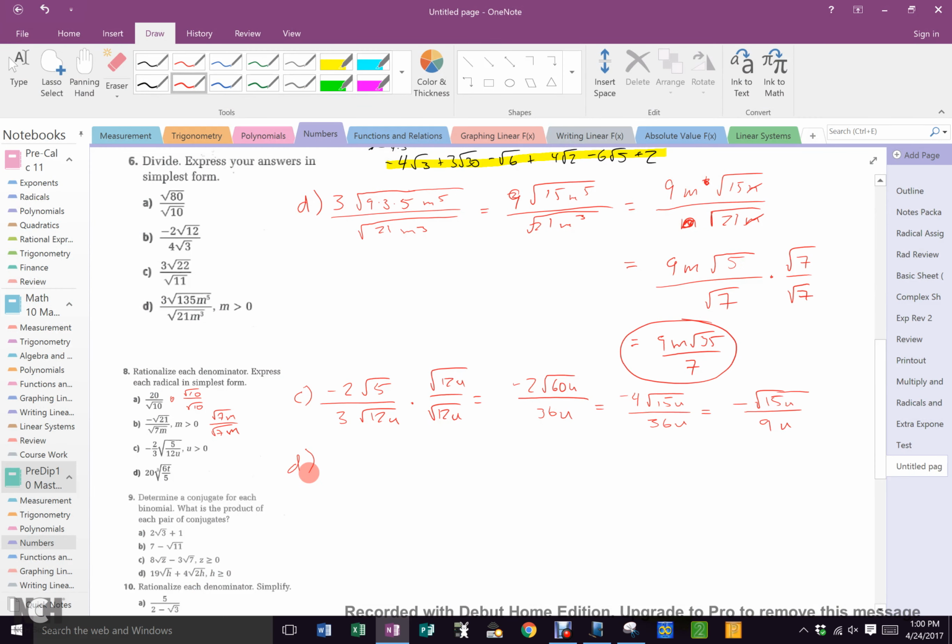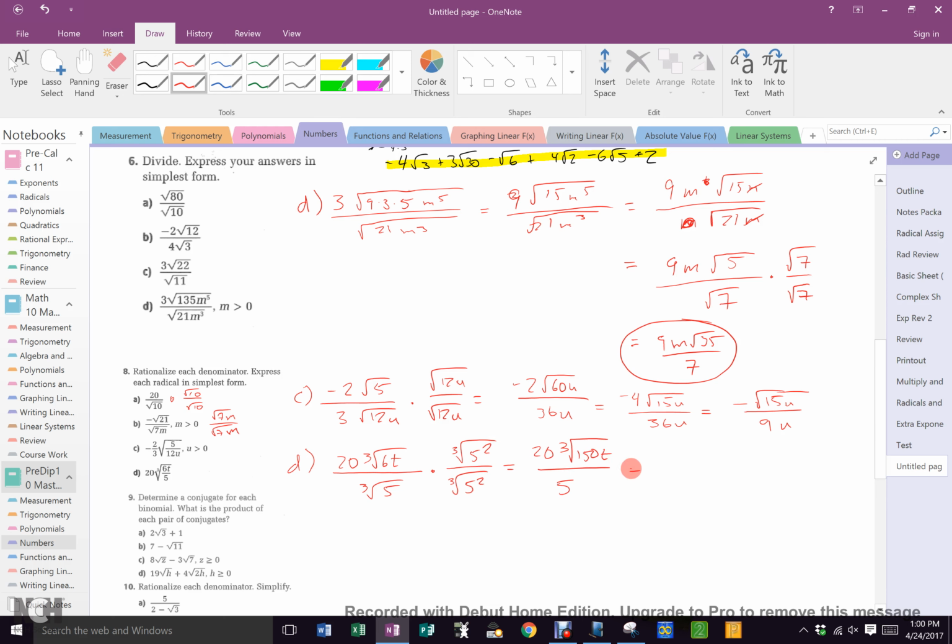And D is 20 cube root 6t over cube root 5. So I got to multiply this by cube root of 5 squared to get rid of the bottom. So on the bottom I have 5, but up top I have 20 cube root 25 times 6 is 150t.